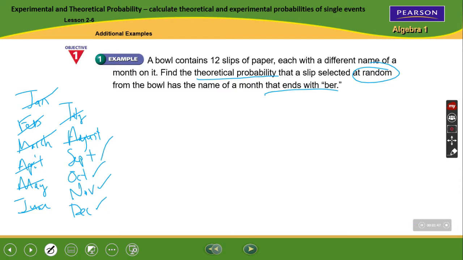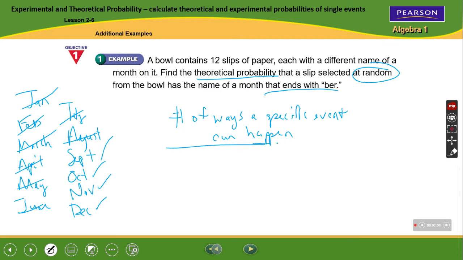So theoretical probability, any probability, boils down to the number of ways a specific event can happen divided by the total number of possible outcomes.